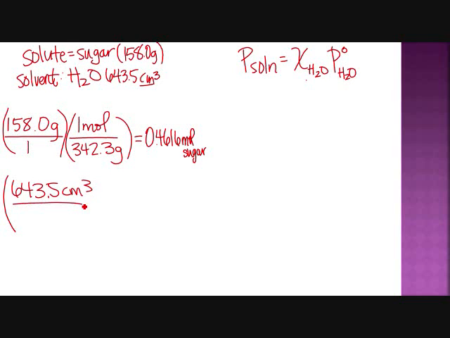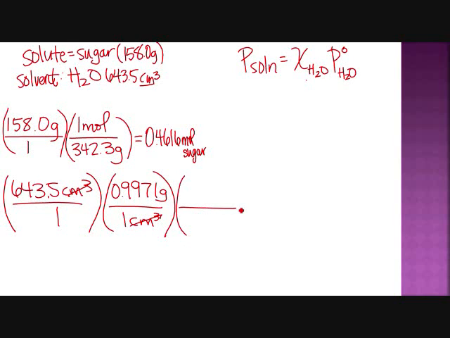I take the volume times the density, because that's grams for every 1 cubic centimeter. You could pause here, but we're just going to keep going. Now, canceling the centimeters cubed, we can just divide by the molar mass of water to find the moles of water. Anybody remember what that is?